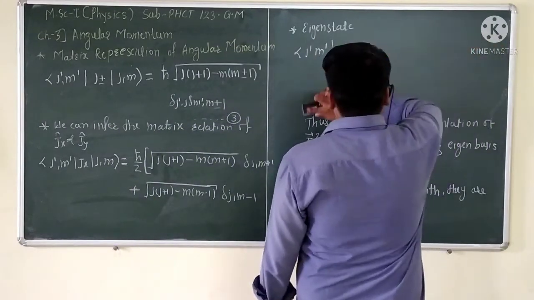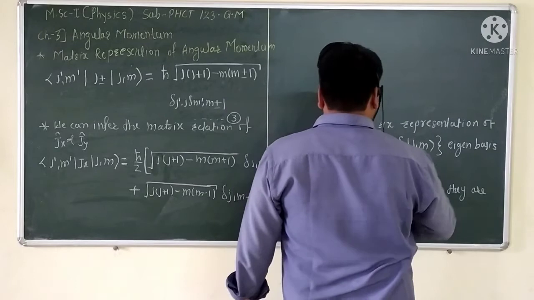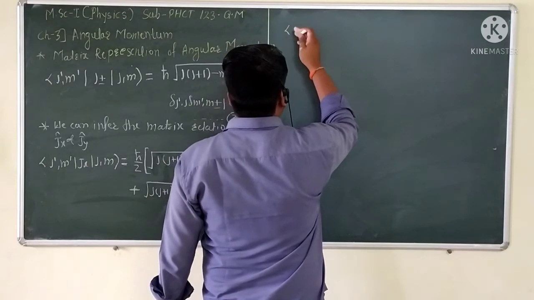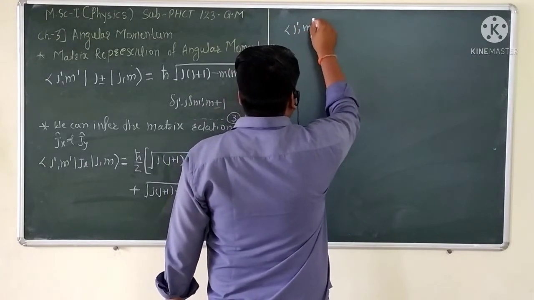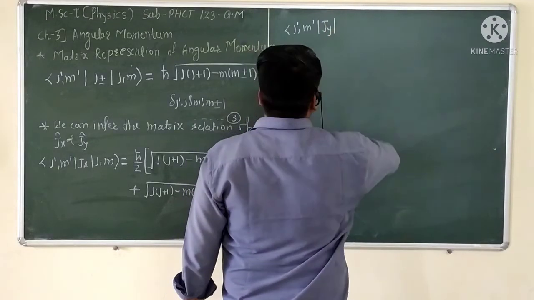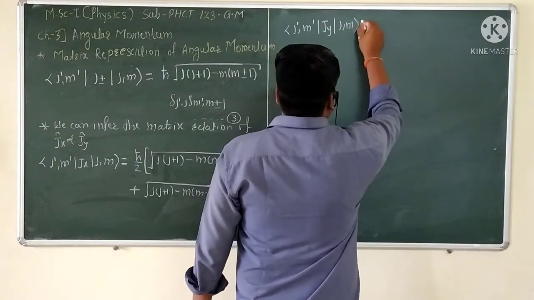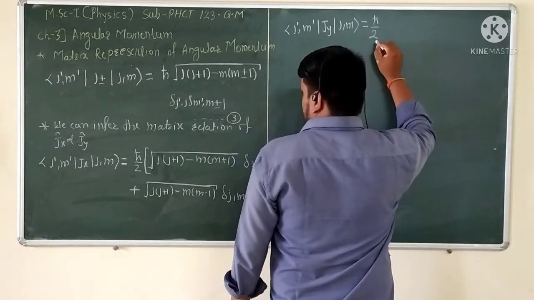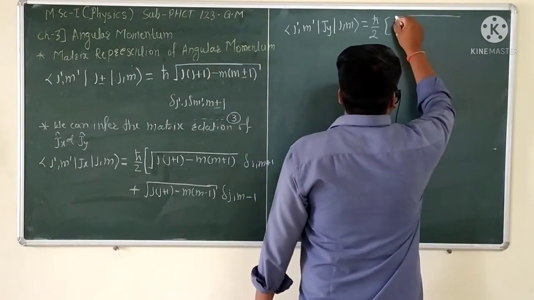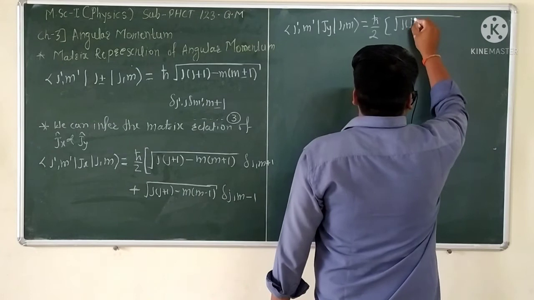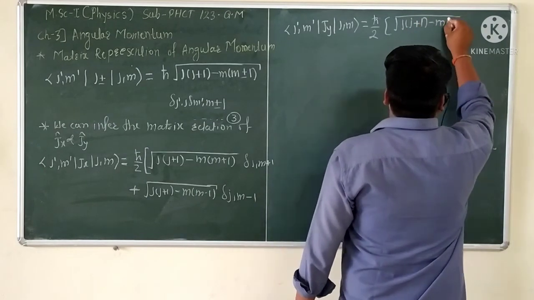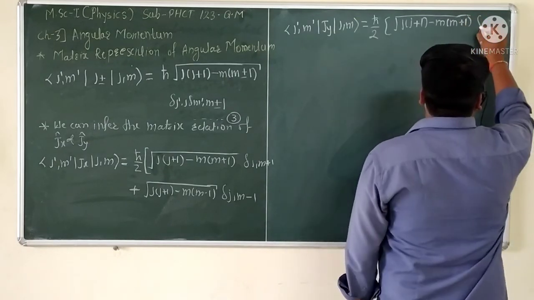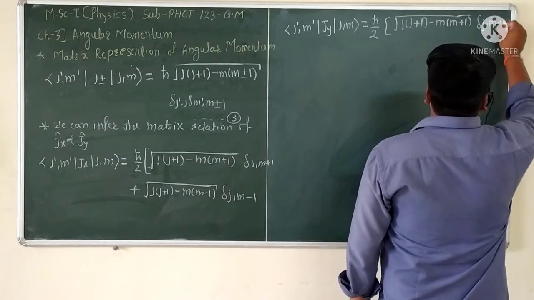That is, the matrix element of j prime m prime, jy cap, jm gives ħ by 2 in bracket of the square root of j into j plus 1 minus m into m plus 1, for the raising operator, delta of j comma m plus 1.